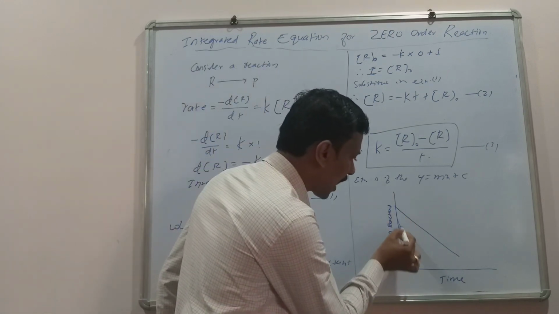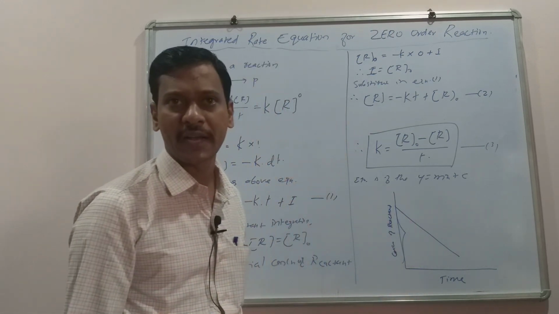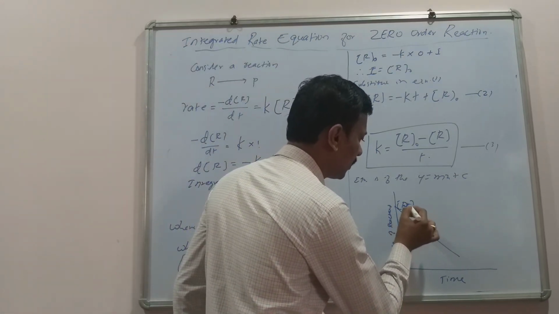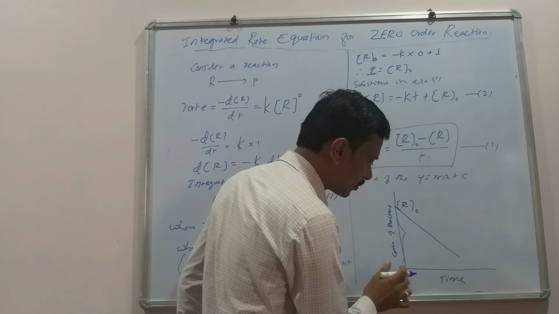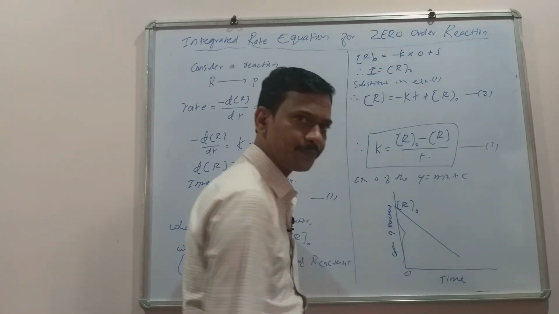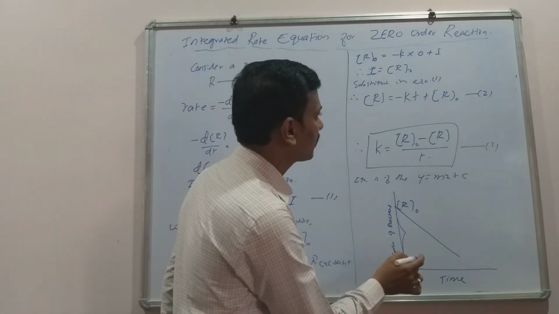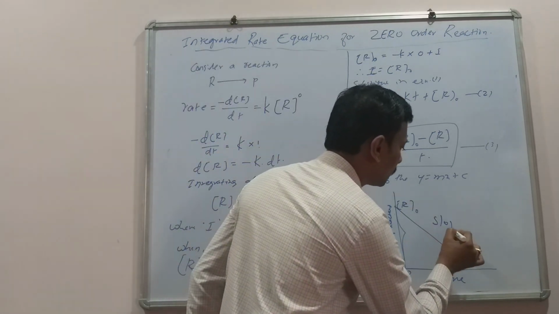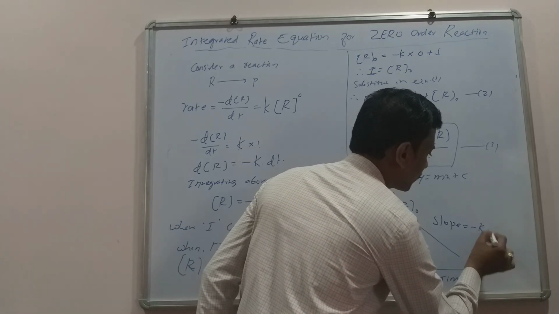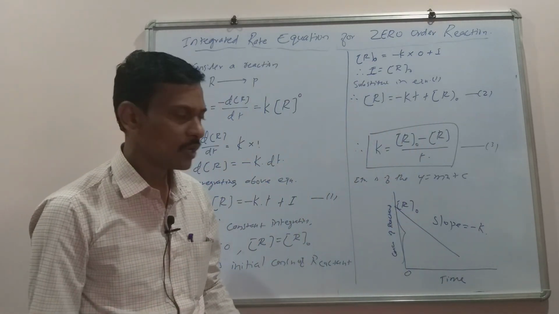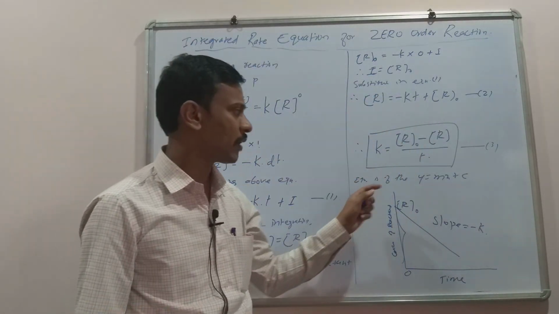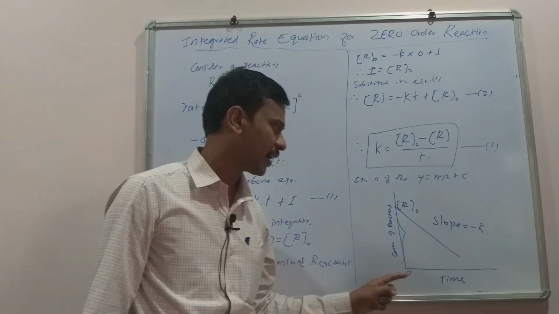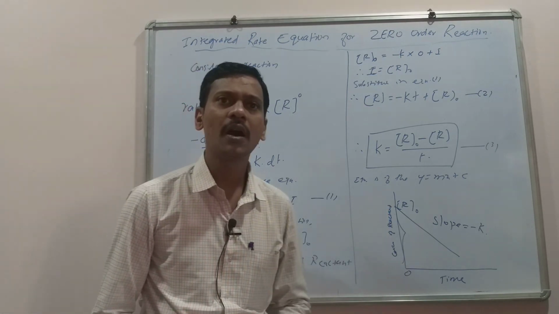This is called the intercept of the reaction, the initial concentration. As you know, when time t is equal to 0, this is R naught, and the slope is equal to minus k. Please remember, when we compare equation 2 with y is equal to mx plus c, we get a straight line with negative slope equal to minus k, and the intercept is equal to R naught.